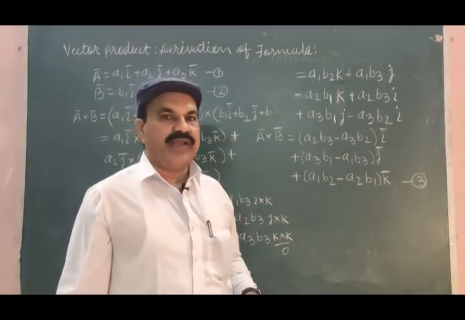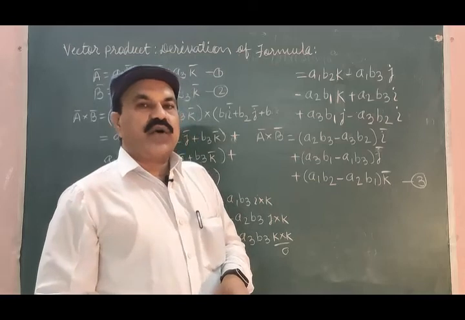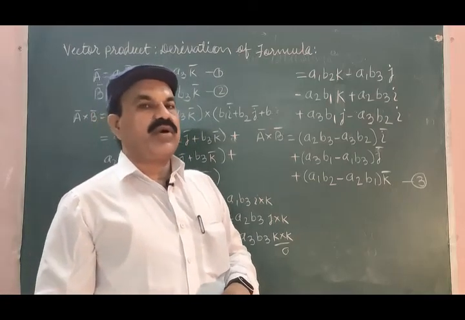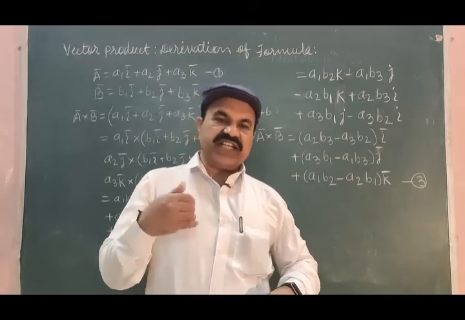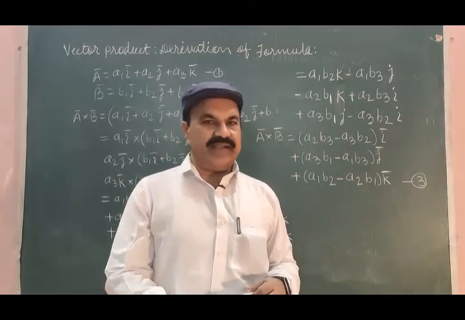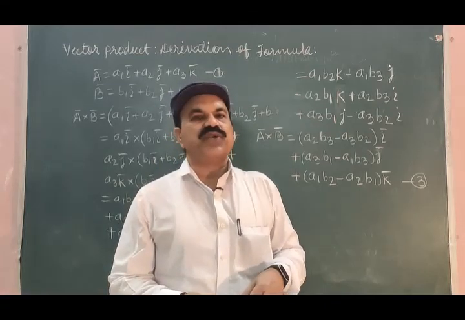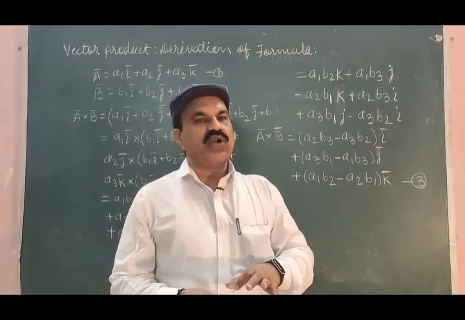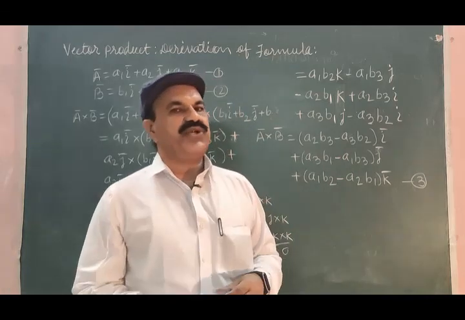This is one way of getting the formula for cross product or vector product of two vectors. One more way is there. In the next lecture we shall go for that way. After that we shall solve a few problems on cross product or vector product of two vectors. Hope you understood this. Thank you.